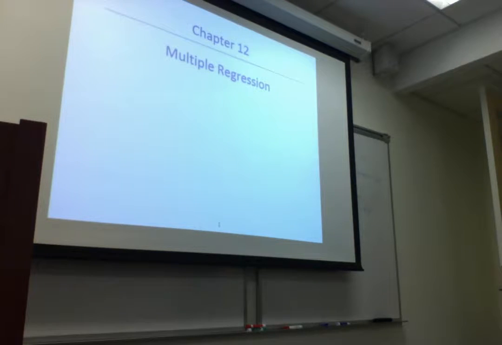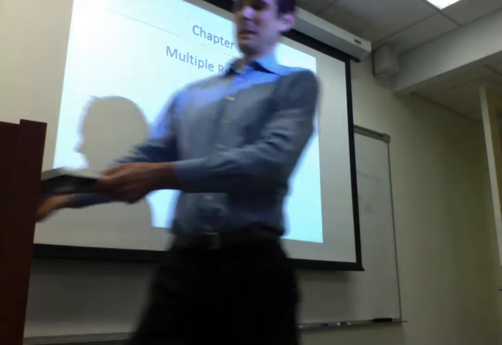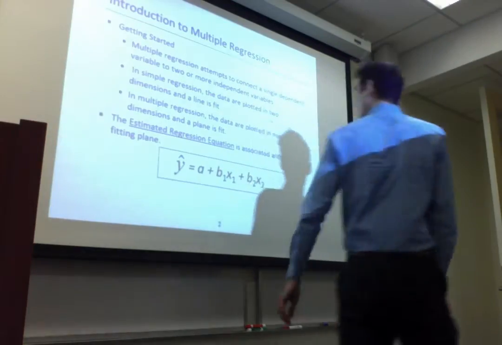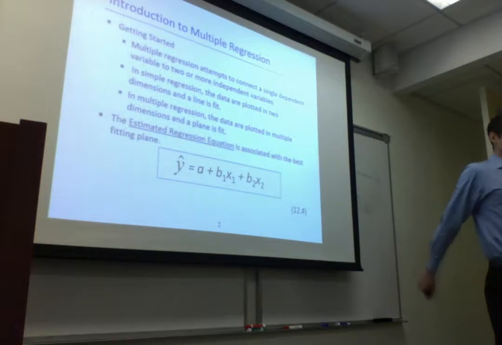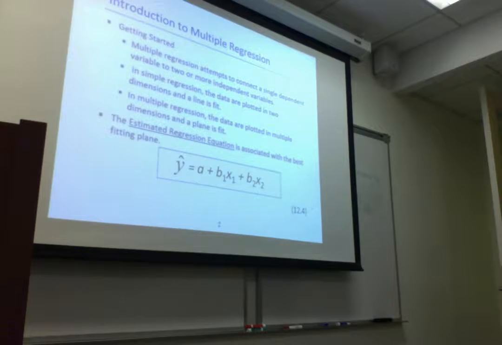Okay, excellent. So let's move on then to multiple regression, which is just a matter of adding a few components. We're going to now connect a single dependent variable with multiple independent variables. We might say we want to predict how much money someone spends online, and we're going to consider multiple variables. We're going to consider how much time they spend online, their income, and whether they have a job or not.